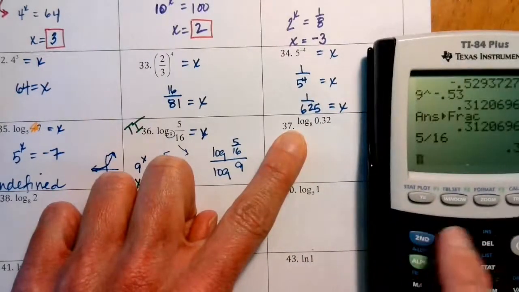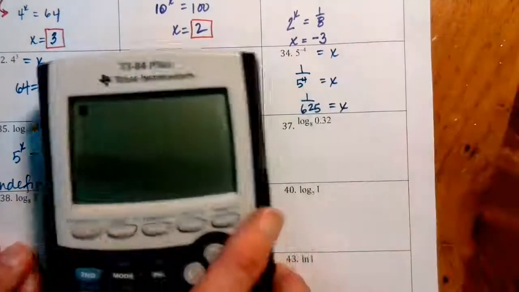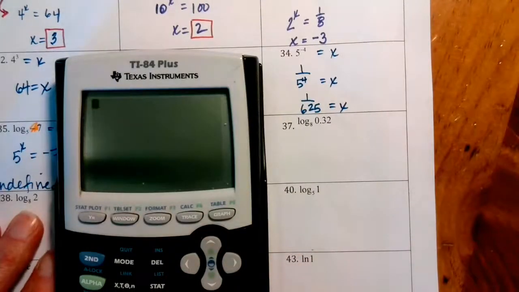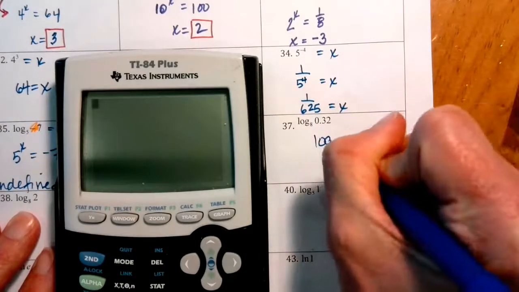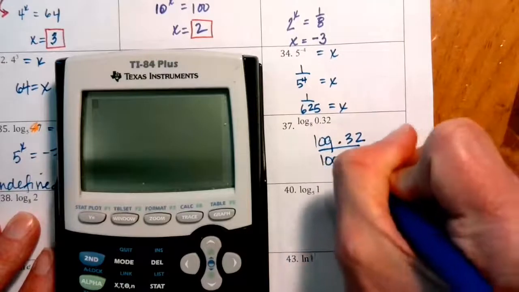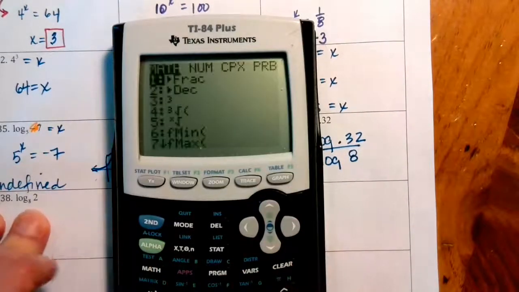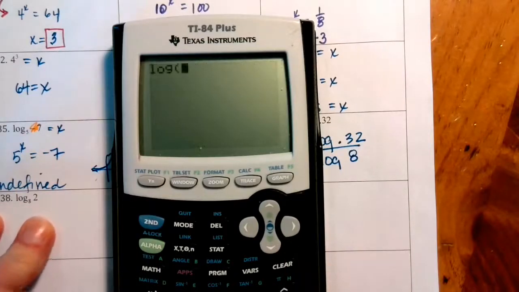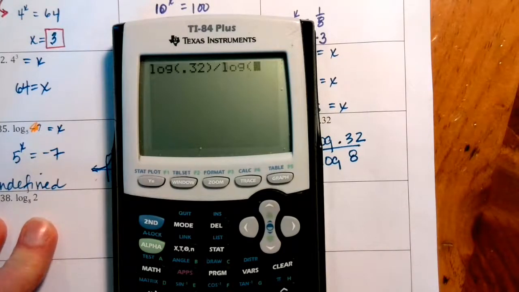Let's go ahead and go to the calculator. And we'll put that through my change of base formula, where I'll say log base 10 of 0.32 over the log base 10 of 8. So we'll have the log base 10 of 0.32 divided by the log base 10 of 8.